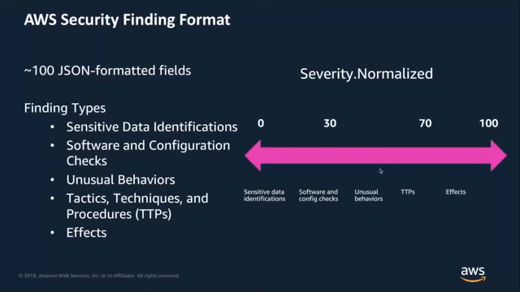They are things that could pose a problem in the future if exploited by an adversary, but they haven't happened yet. Whereas things on the right-hand side, like data exfiltration, data exposure, data destruction, those are things that have happened and that represent much higher severity.